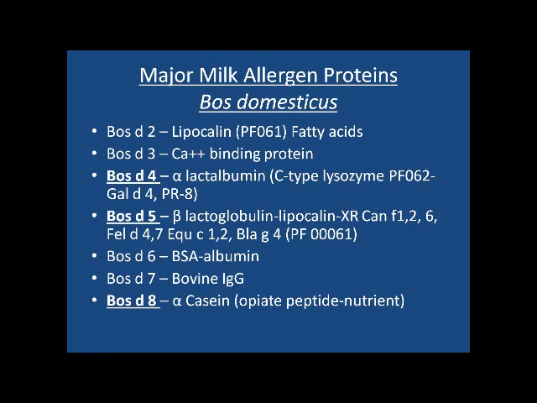BOS-D5 is beta-lactoglobulin. It's another lipocalin, and it actually cross-reacts with dog, CAN-F1, 2, and 6, cat, FEL-D4 and 7, horse 1 and 2, and cockroach, BLA-G4. So you can see some relationships here also across species lines. BOS-D6 and 7 are BSA, the albumin, and the bovine IgG, and they're minor allergens. And of course we have the caseins in BOS-D8.